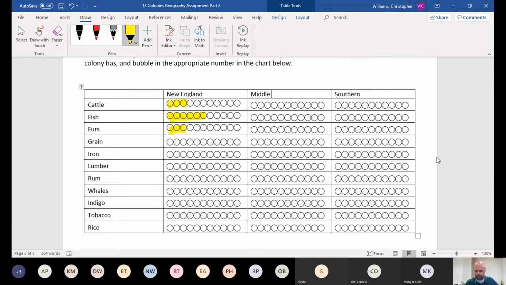Grain. Two. Iron. How many do we see for iron?